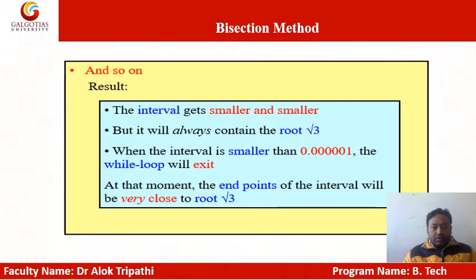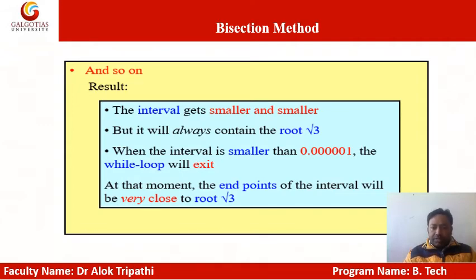Now we shall continue this process until we get the root of our desired accuracy. What we have seen is that the interval gets smaller and smaller, but it will always contain the root. Whatever interval we have bisected, it contains the root.